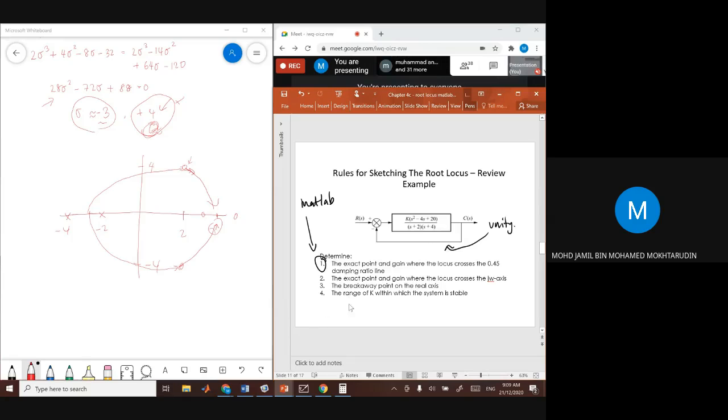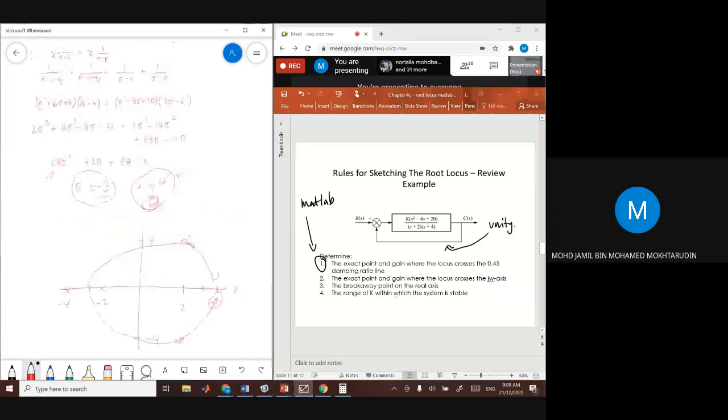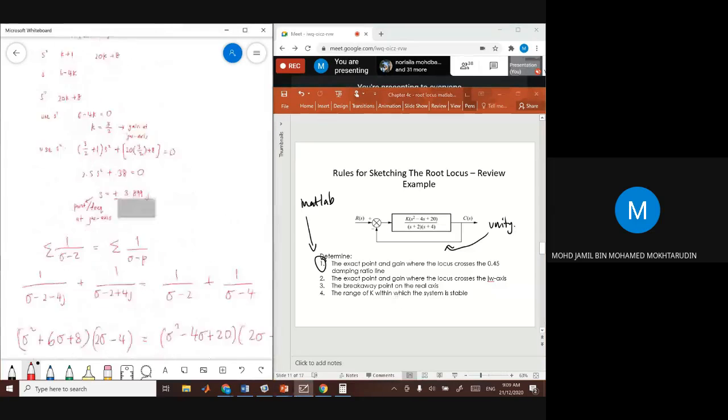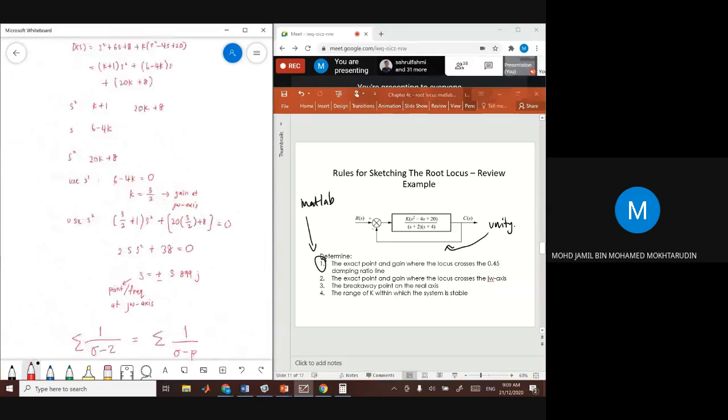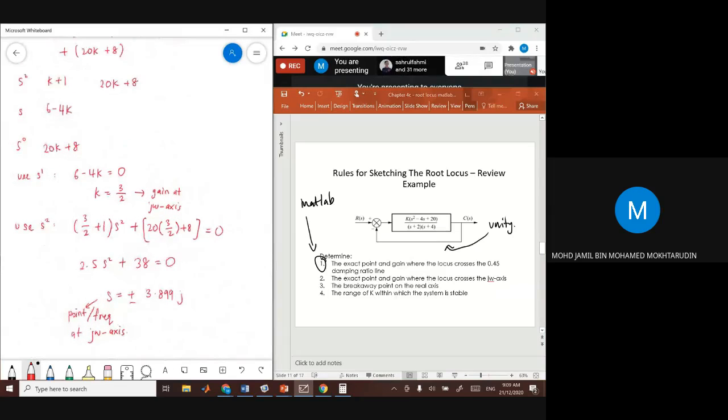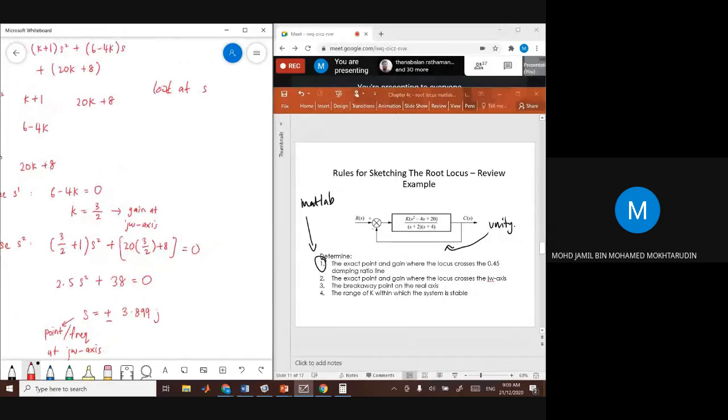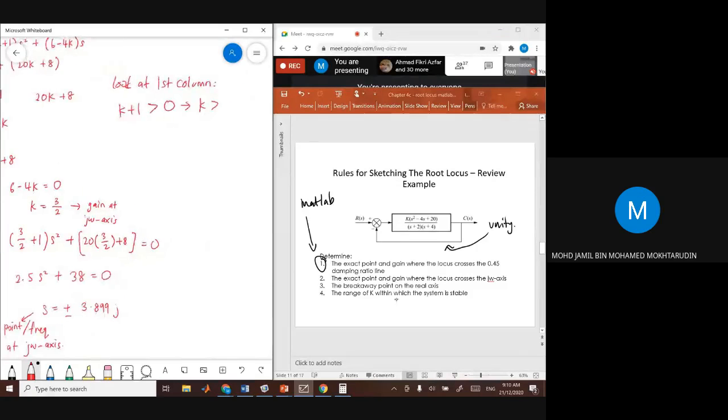And then question number 4, the range of K within which the system is stable. So for this you can use Routh-Hurwitz, okay? So from the Routh-Hurwitz, we can just continue from this calculation here. So you can look at the first column. So K plus 1 must be positive. So you get K bigger than -1.